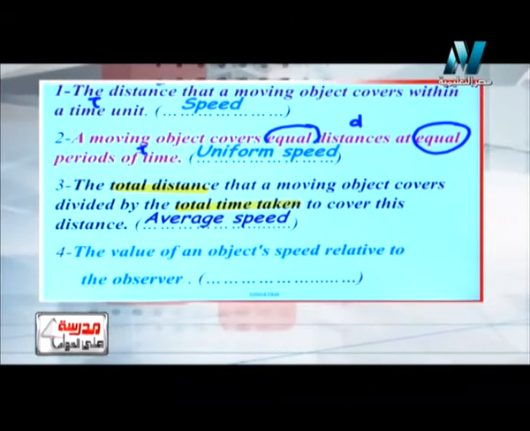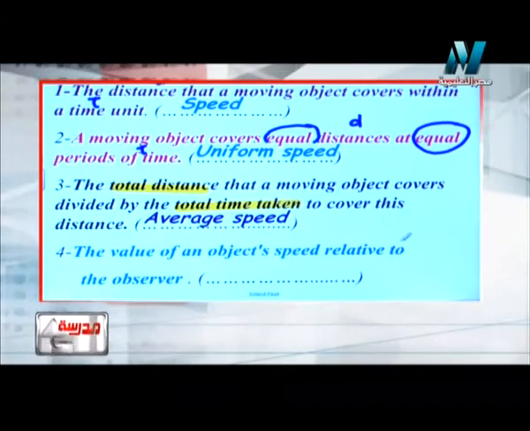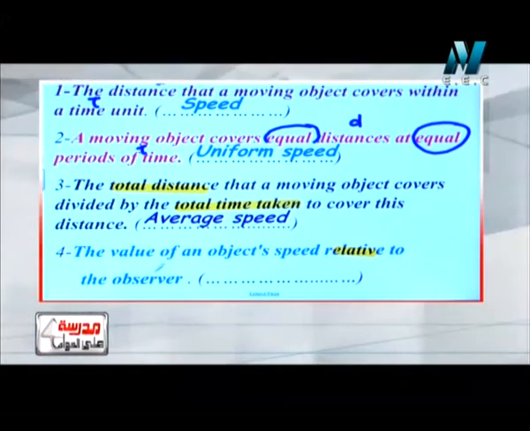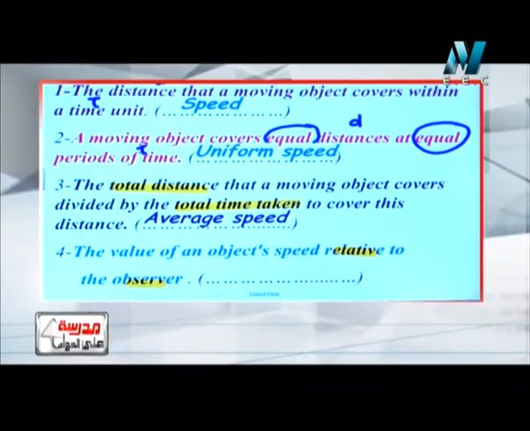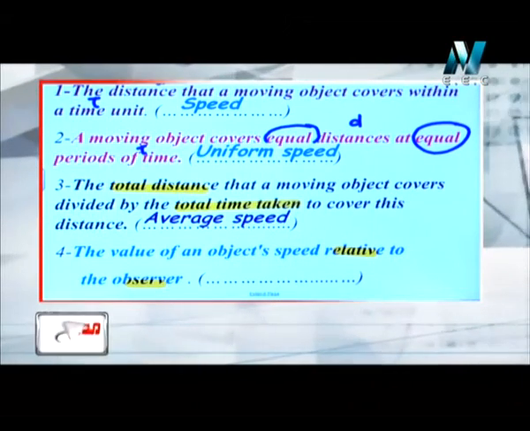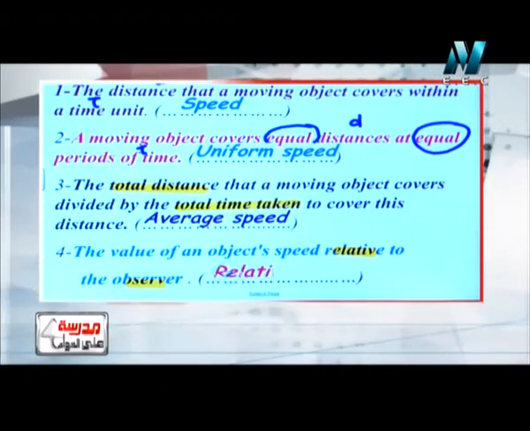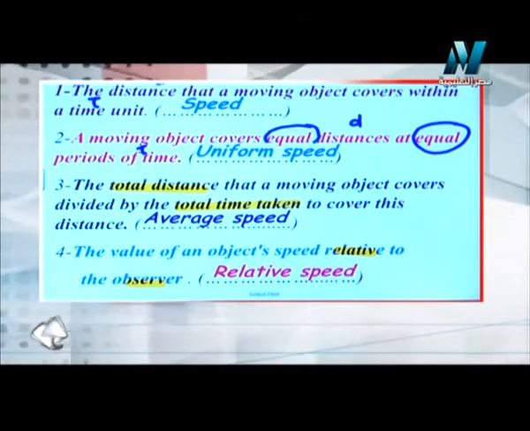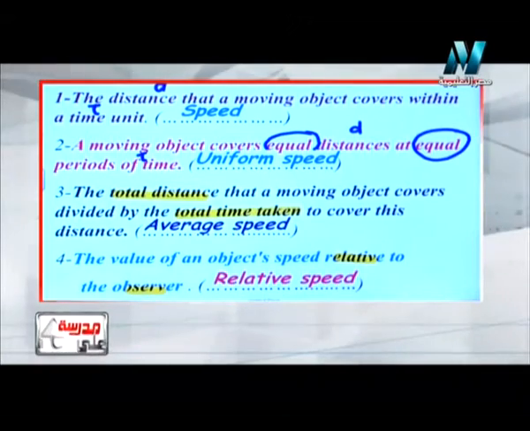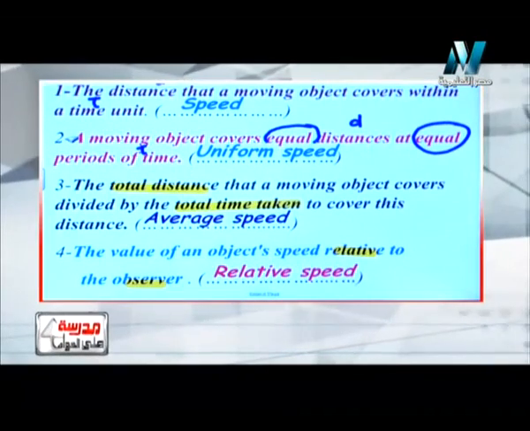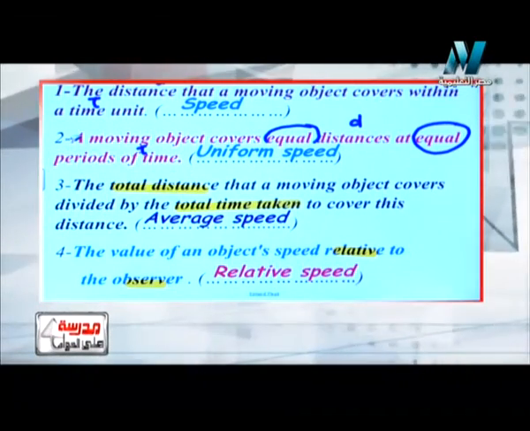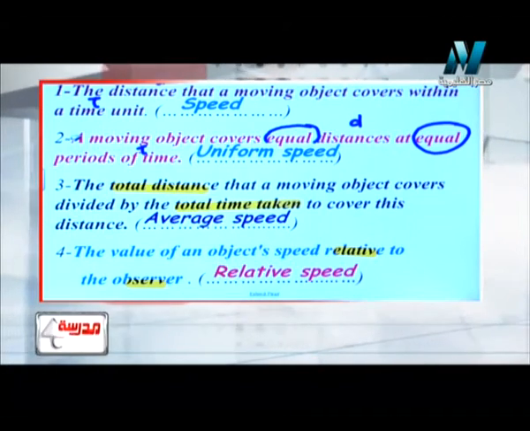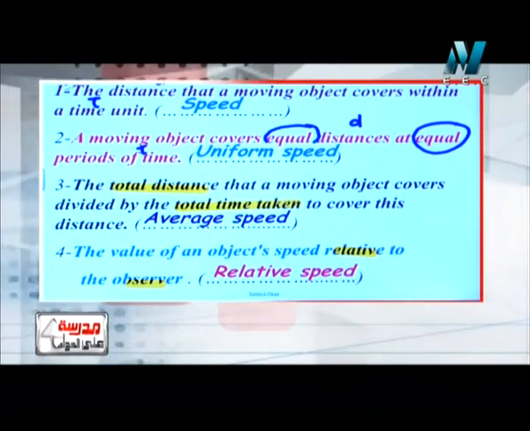It says relative to the observer. So the answer here is the relative speed, because relative speed is the speed of an object relative to another, or relative to the observer, as the two objects move in the same direction or in opposite directions. Okay.